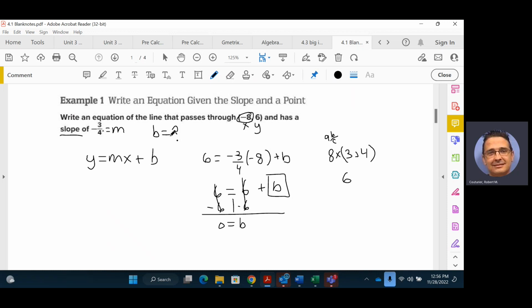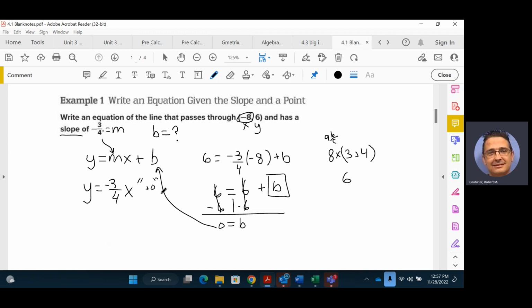We know what our m is now. We know what our b is. We're able to write our equation, only this time we're substituting in the pieces we know. That goes in for there. This goes in for there, and you'll be good to go. -3 over 4x. Now, I'm going to use this loosely, plus 0. We would not write this in our equation.